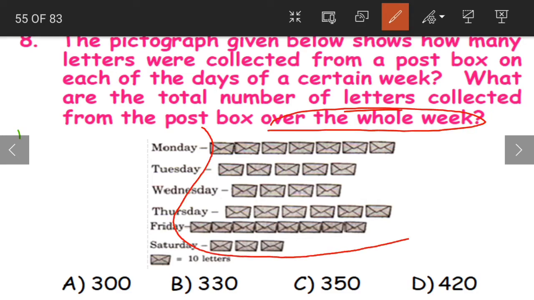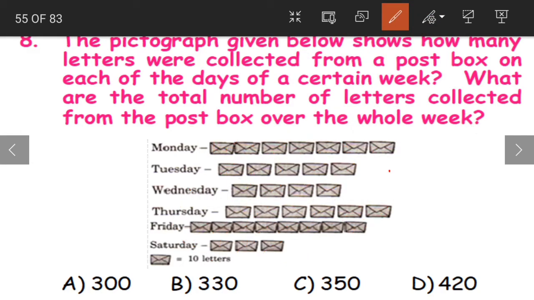That means we have to add all these together. In total we are having 33 pictures here.